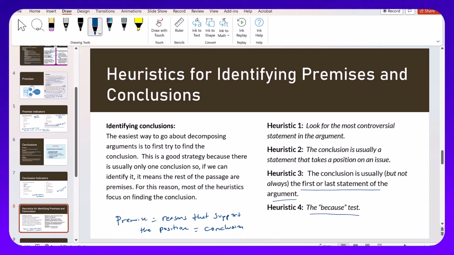If you're using these tips, the majority of the time, you'll be able to pick out what the conclusion is. But how do you use the because test, right? The premise always supports the conclusion. Therefore, you should be able to add in because into the sentence to help you determine what that connection is.